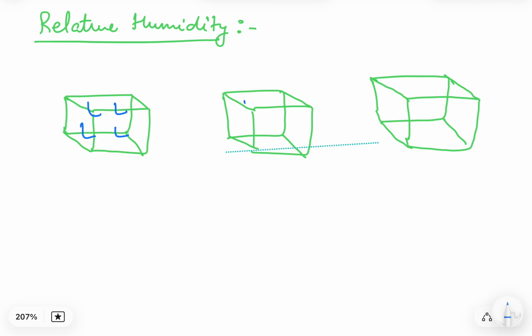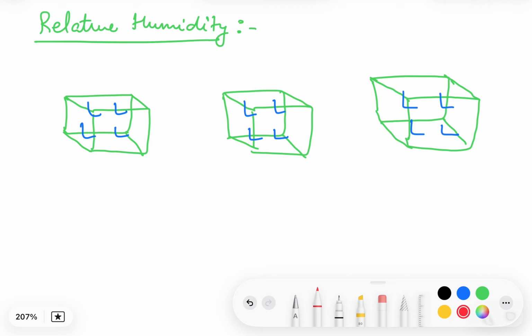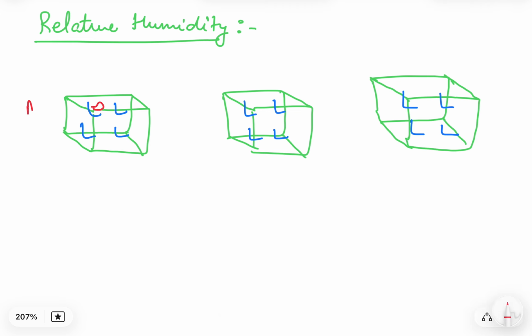So all of them have 4 water holding capacities, and the actual amount of water vapor present is, in case of A, 2 water vapors, in case of B 3 water vapors, and in case of C 4 water vapors.